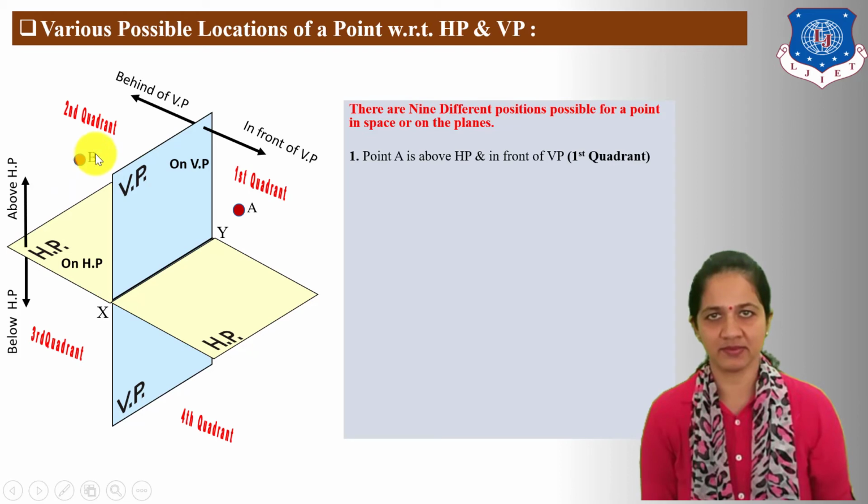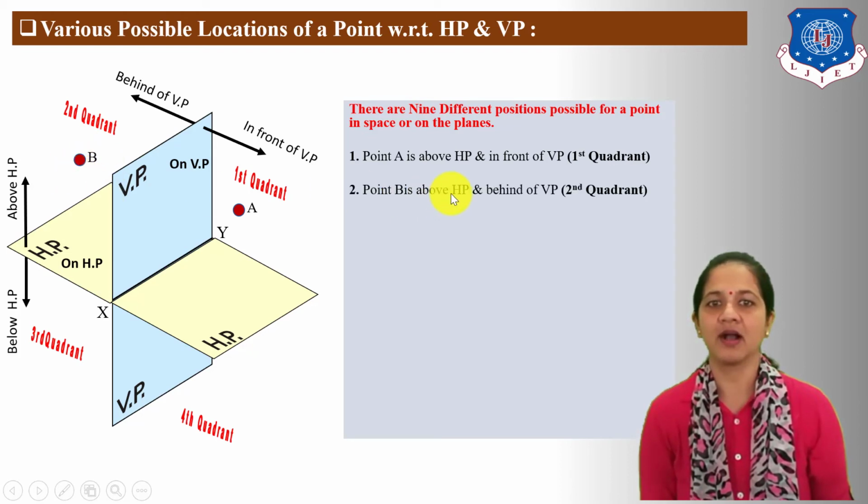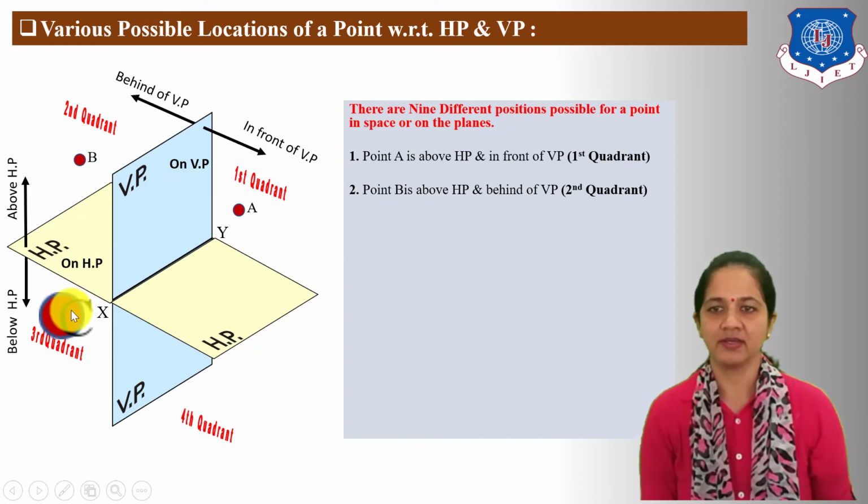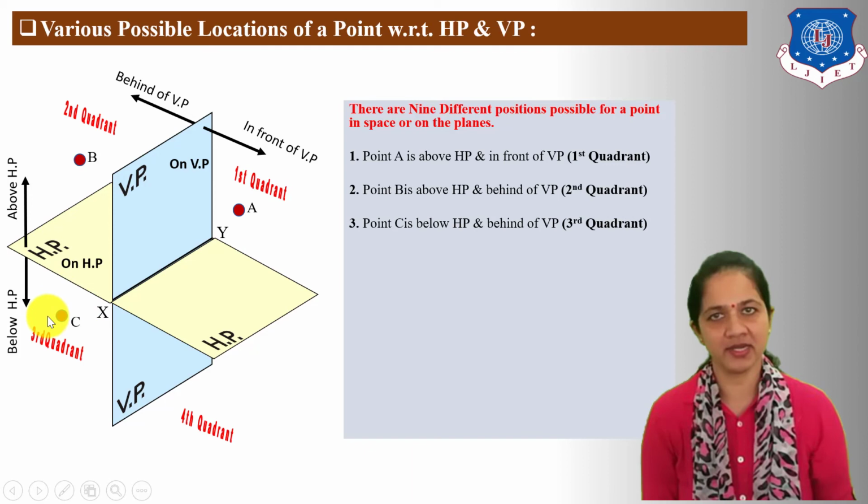So, in this position, point B is defined as above HP, behind VP. Next, the third quadrant position. Here, point C is in the third quadrant, and point C is defined as below HP, behind VP.